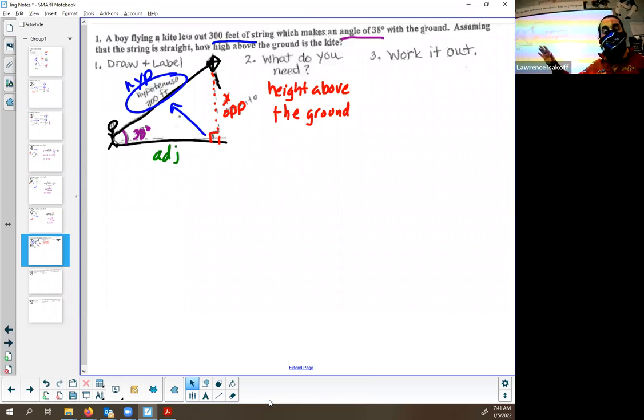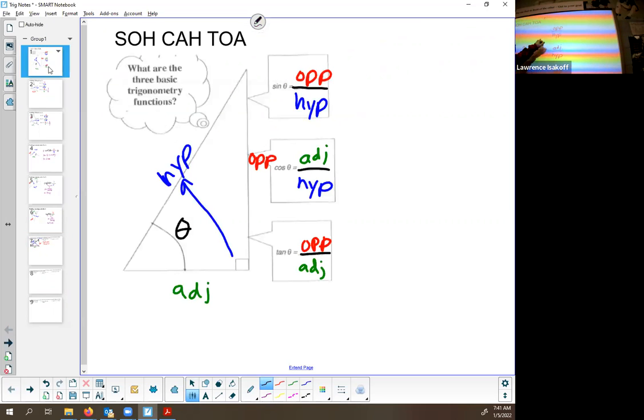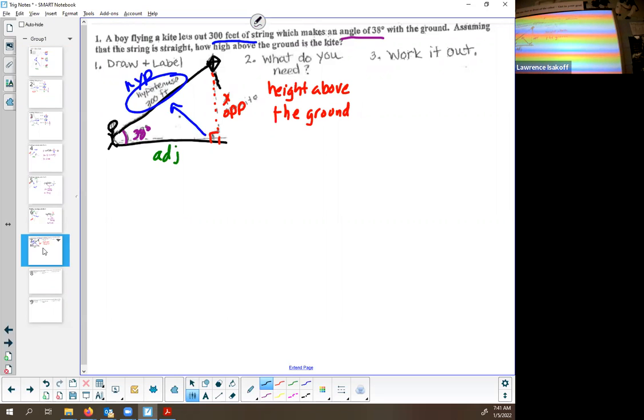So now all we're going to do is work it like we worked problems from yesterday. Right away, I notice opposite and hypotenuse is where I have information. So since I have opposite and hypotenuse, that tells me, oh, SOHCAHTOA, sine is opposite over hypotenuse. So that's what I'm going to do.